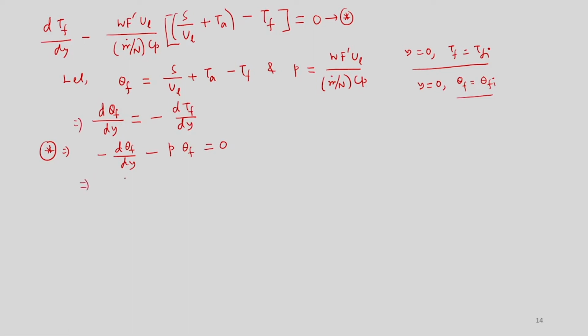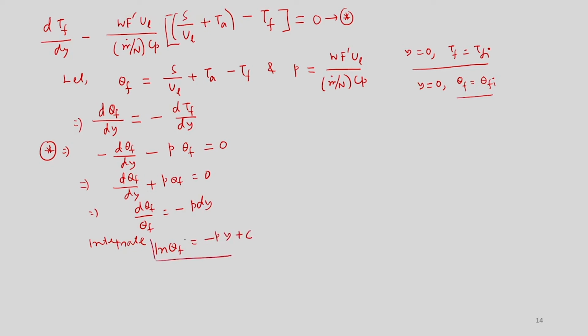Again, if we multiply both sides with minus 1, d theta f by dy plus p theta f is equal to 0, or d theta f by theta f is equal to minus p into dy, and if we integrate, what we will get, ln of theta f is equal to minus p into y plus c.